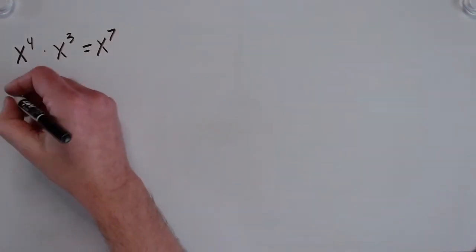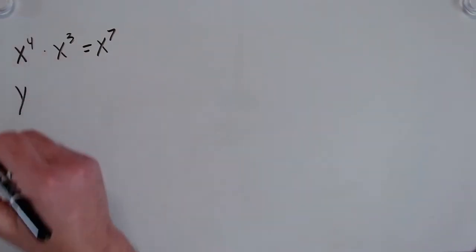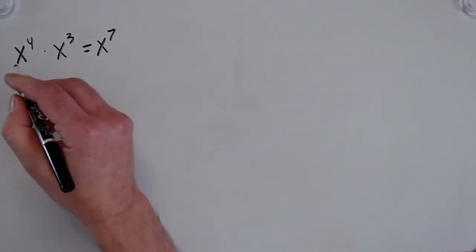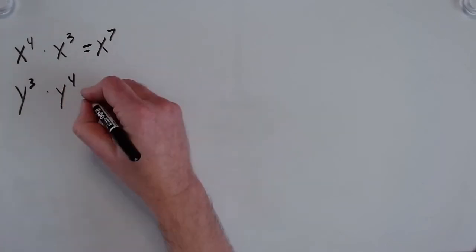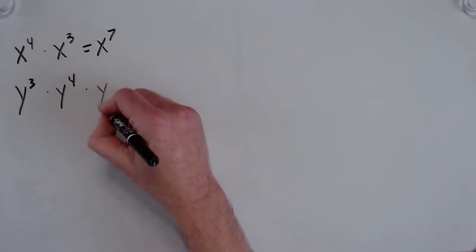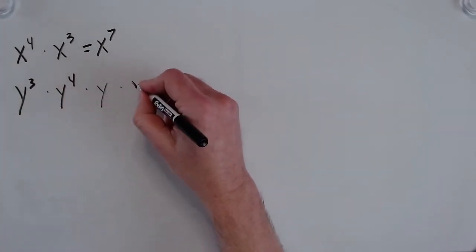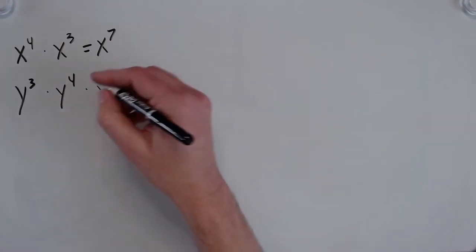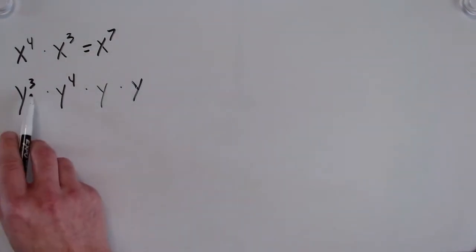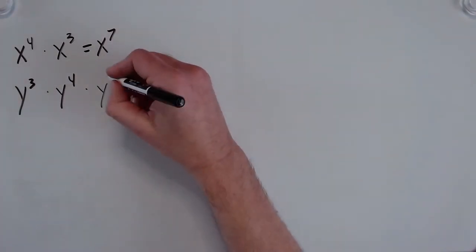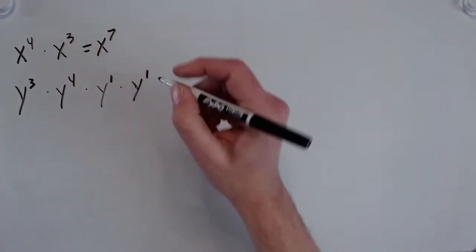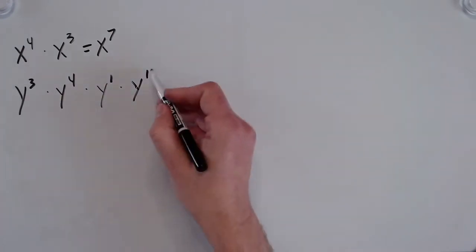Let's try y cubed times y to the 4th times y times y. I think my marker's starting to die here. So we've got y to the 3rd, y to the 4th, and we're gonna cheat a little bit and just put a 1 up here. 1 to the 1st power, 1 to the 1st power.